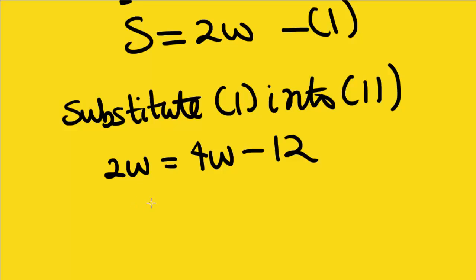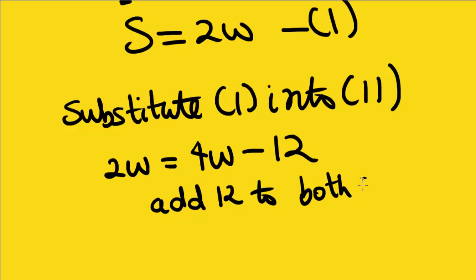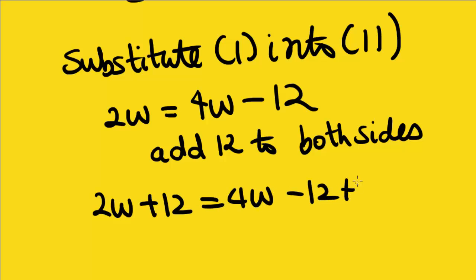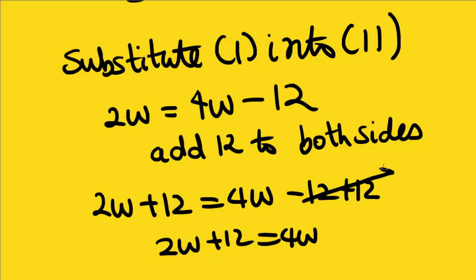As you can see here, I'm going to simplify this equation by adding 12 to both sides. If you simplify, you get 2W plus 12 equals 4W, because the 12 goes to 0.